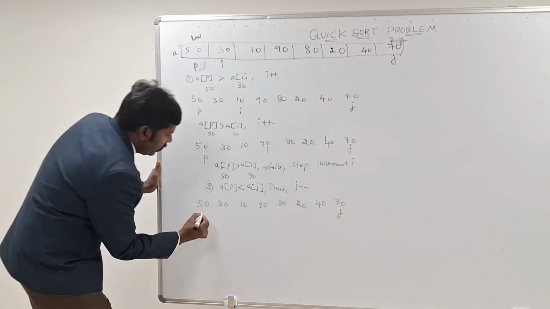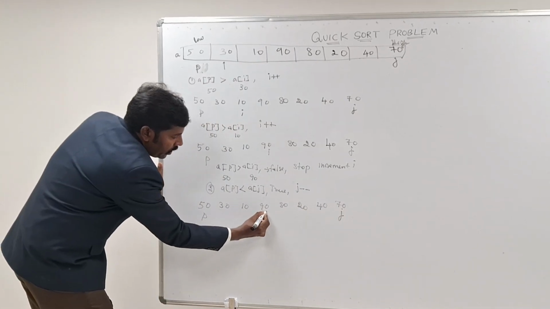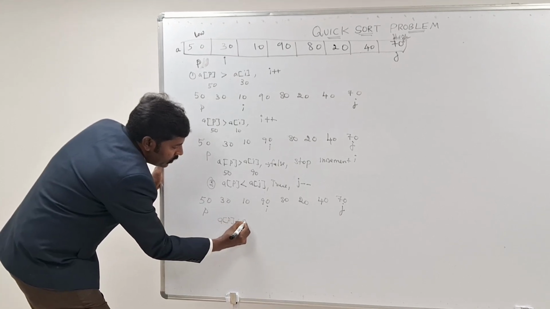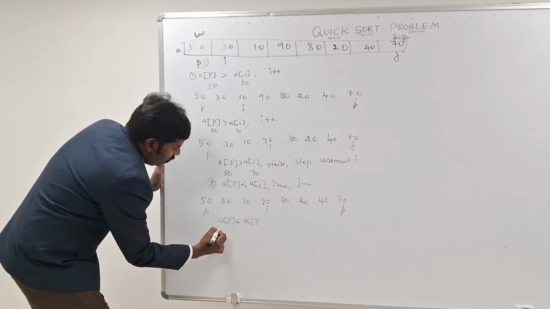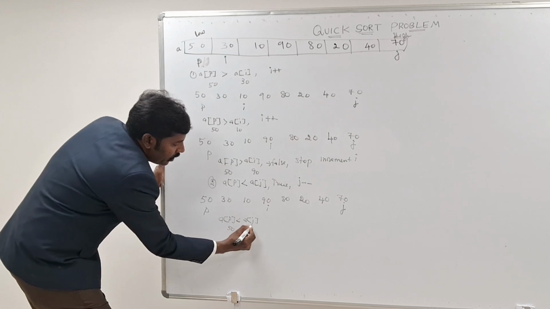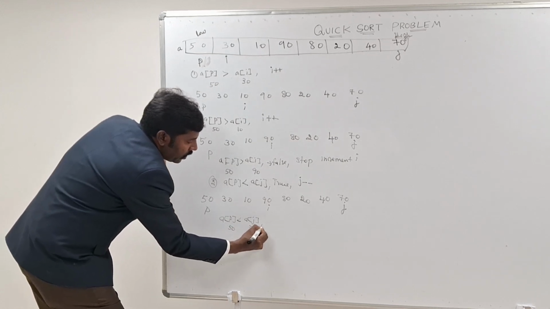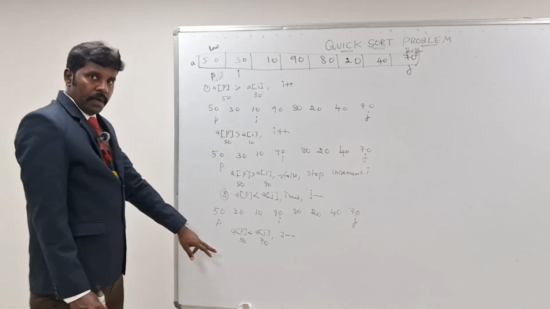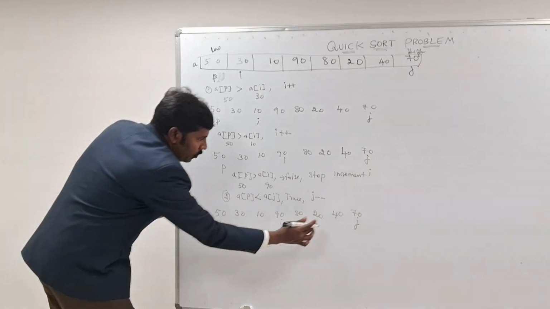This is J, this is P, this is I. So A of P less than A of J: P value 50, J value 70, the condition is true, J decrements by 1. So J moves to 40.